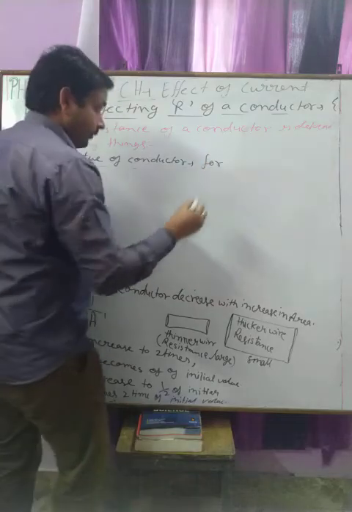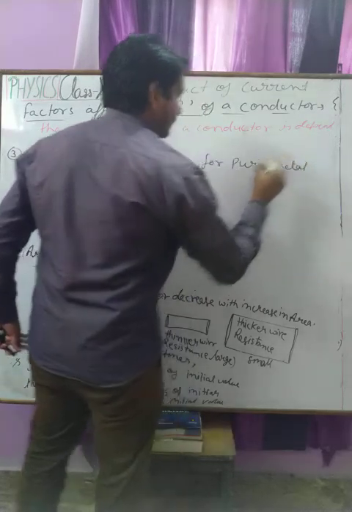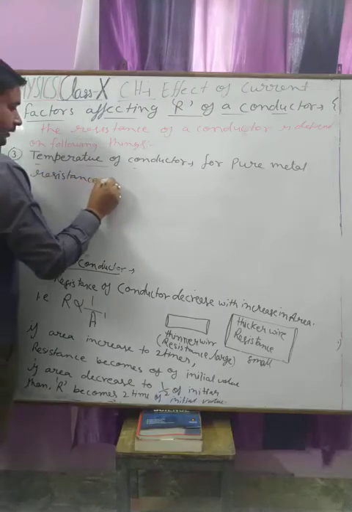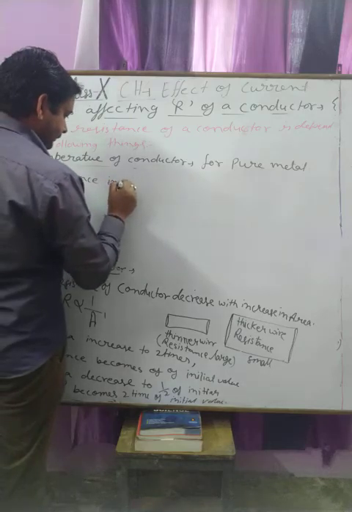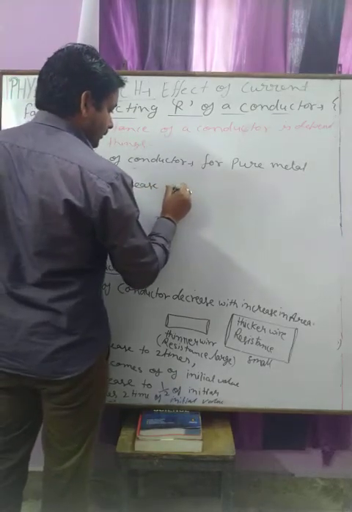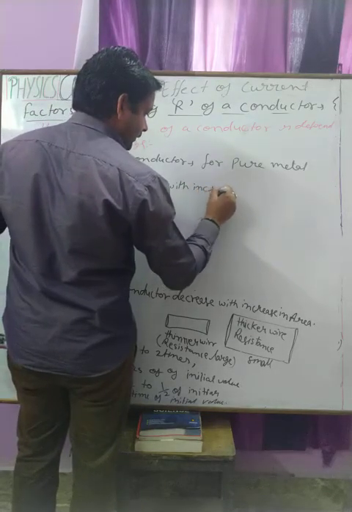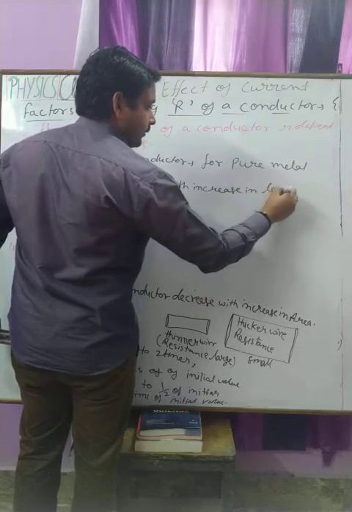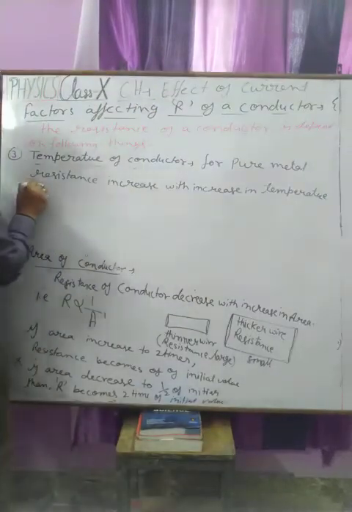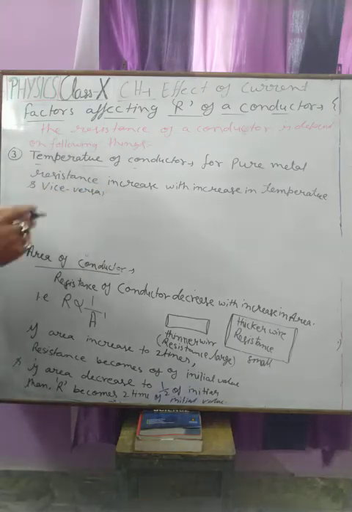For pure metal, resistance increases with increase in temperature, and vice versa, that is, decreases with decrease in temperature.